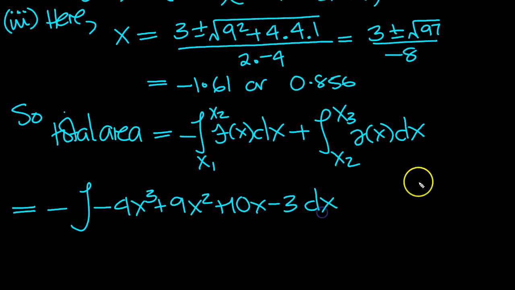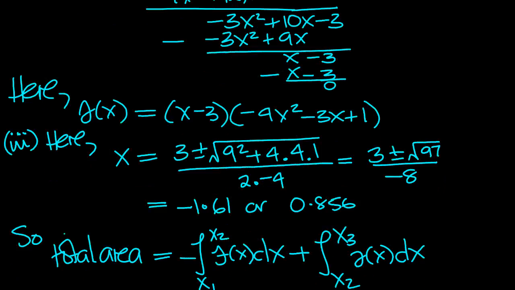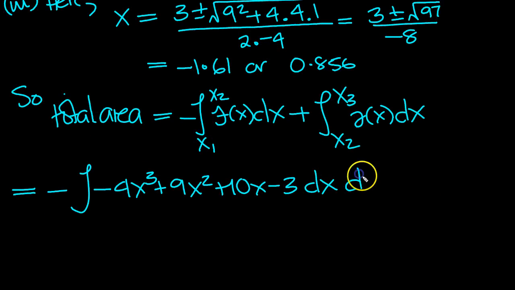I don't know if that's right. I'm just going to go back and check. Minus 4 plus 9. I've written plus 10 minus 3. Yeah, that's it. Okay. dx between the x1 and x2. Plus the integral between the x2 and the x3 of the same thing again.